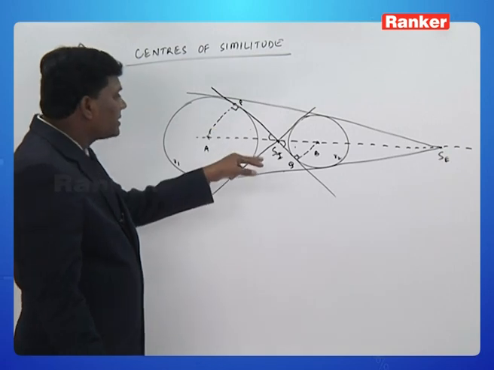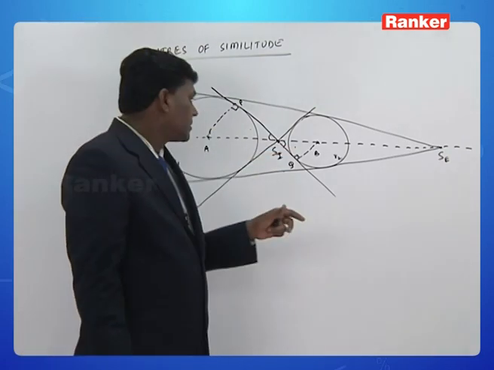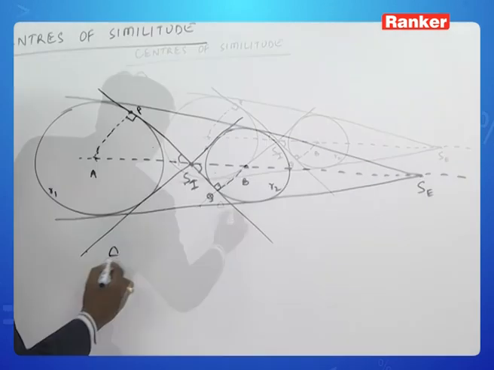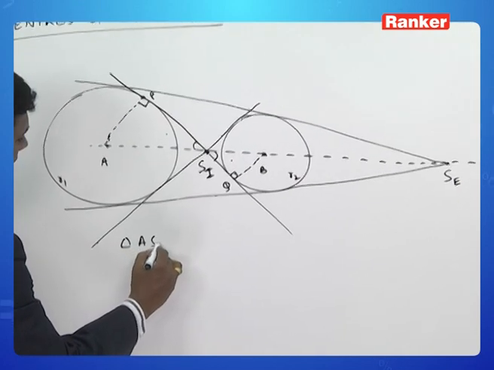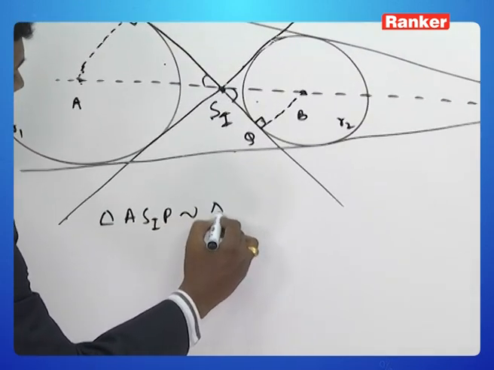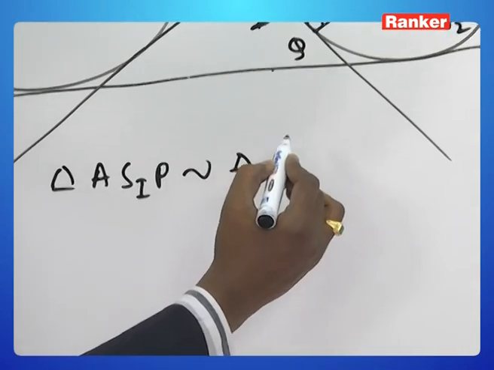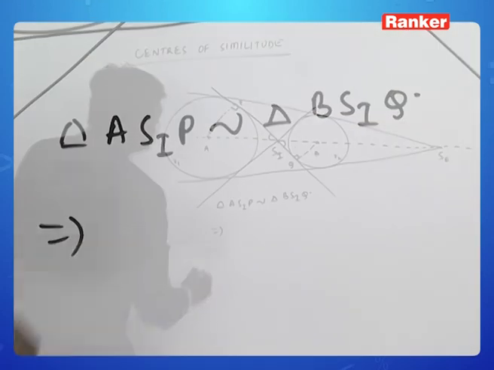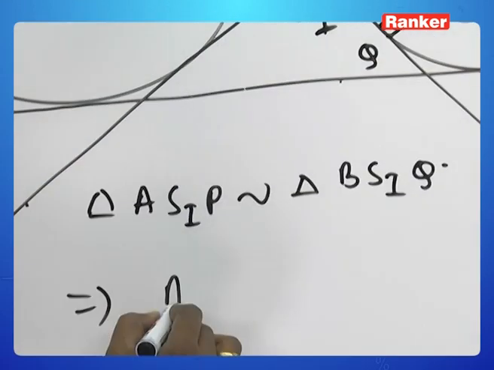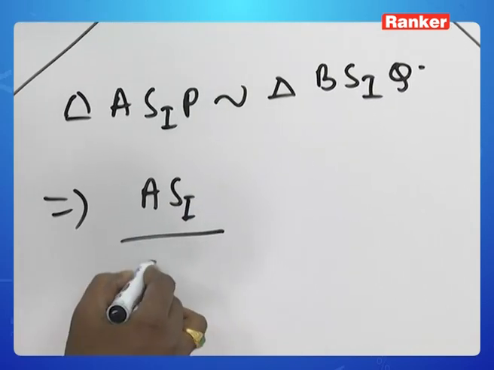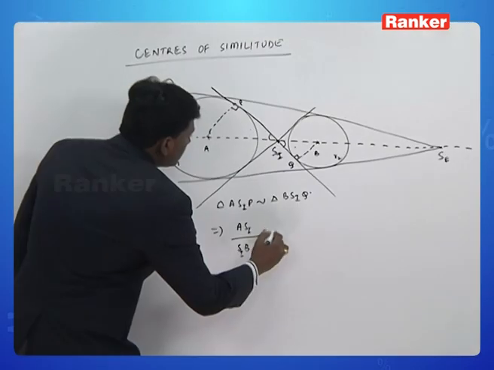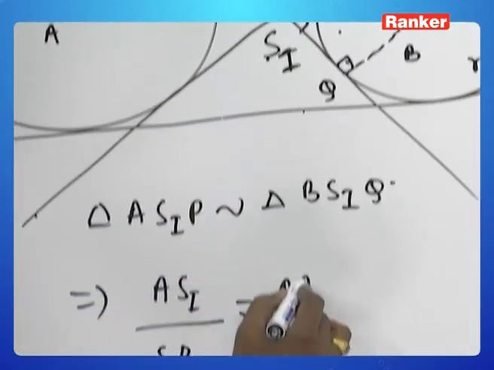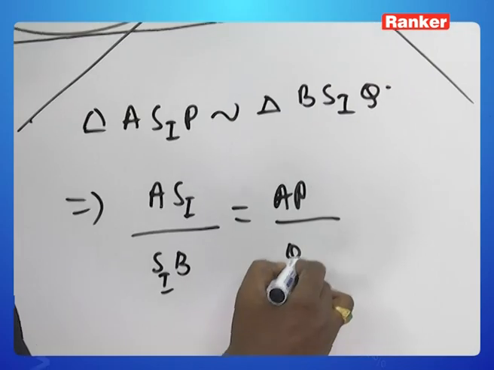If the given two triangles are similar, we know that corresponding sides are in proportion. Therefore, triangle ASIP is similar to triangle BSIQ, which implies ASI by SIB, the ratio of these two sides, equals AP by QB.